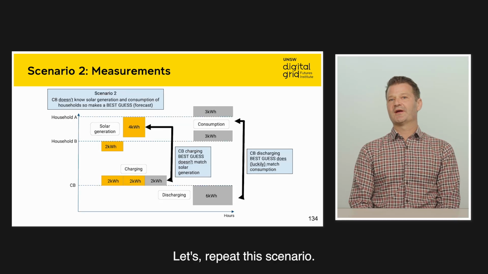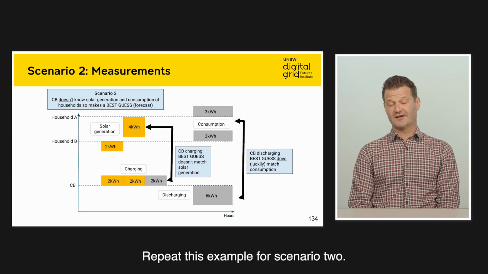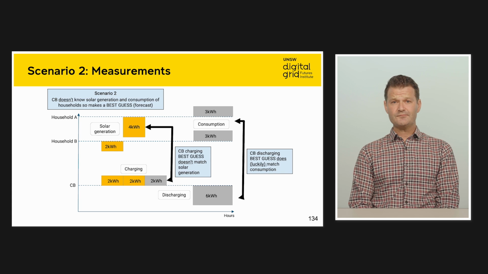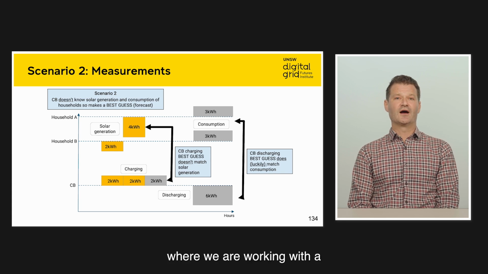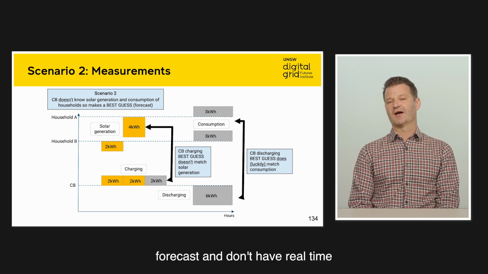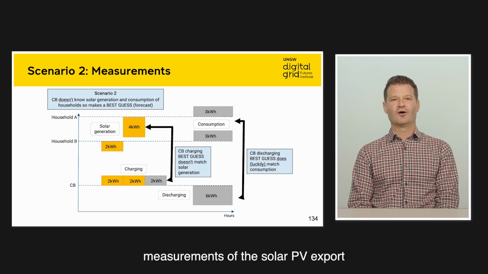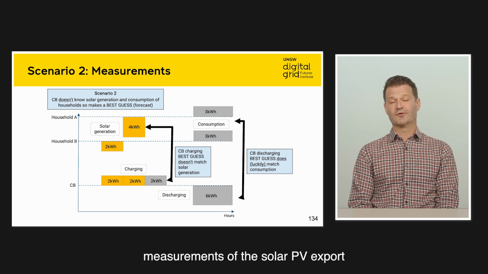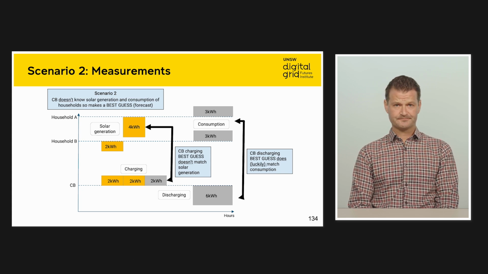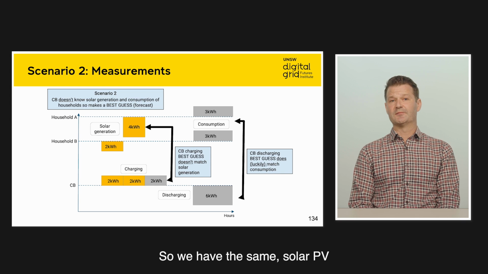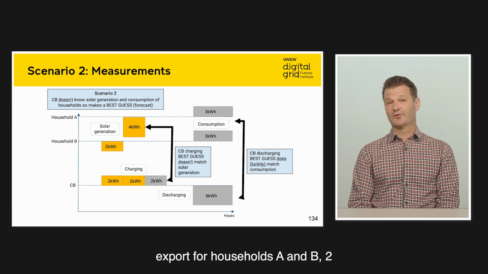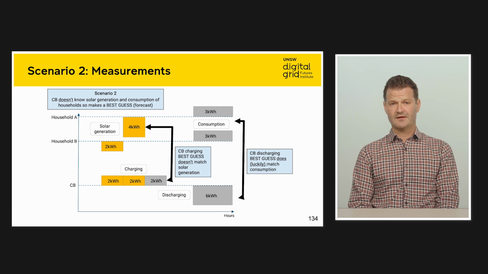Let's repeat this example for scenario 2, where we are working off a forecast and don't have real-time measurements of the solar PV export and consumption of households A and B. We have the same solar PV export for households A and B, 2 kilowatt hours and 4 kilowatt hours.